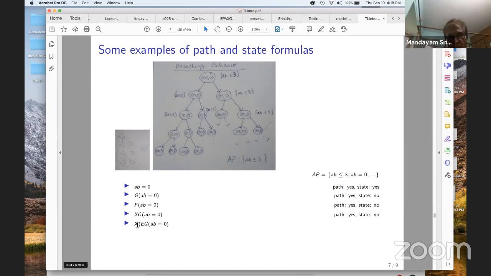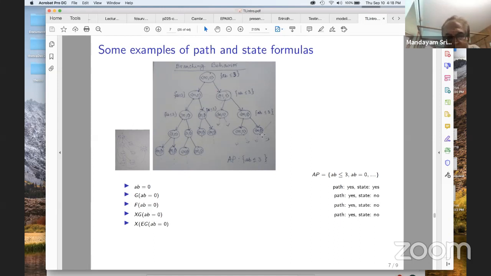For the moment, ignore the leading and trailing X here. So EG of AB is equal to 0 represents the set of states in this combinational tree from which there exists a path in which AB is equal to 0 forever.